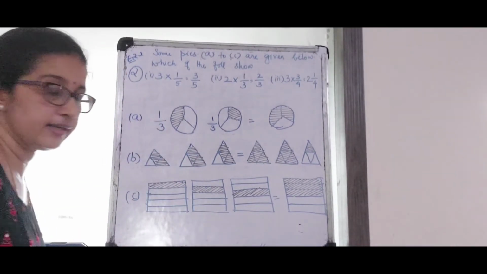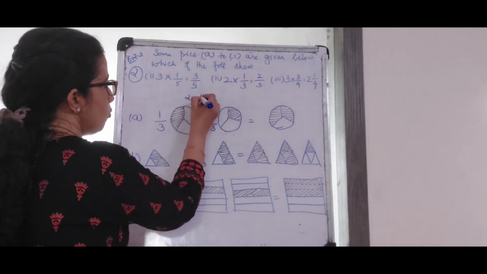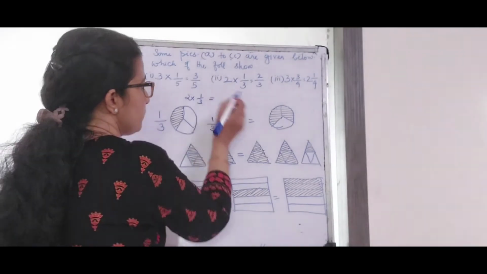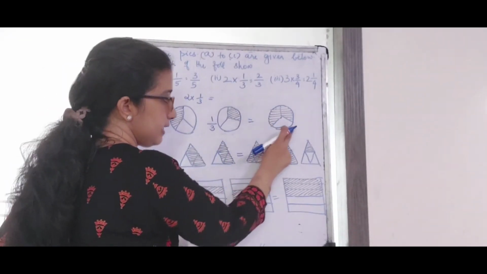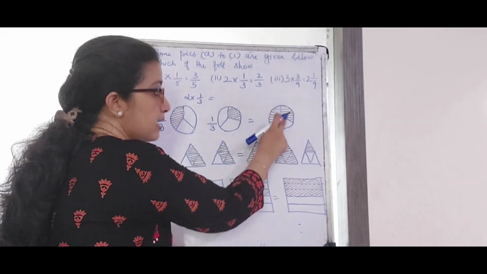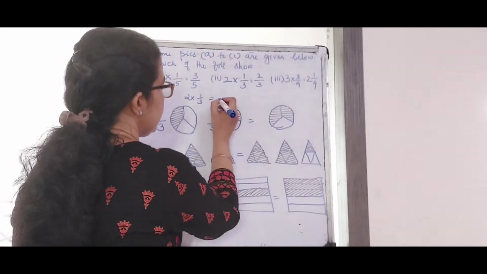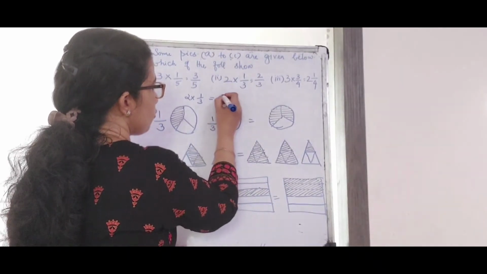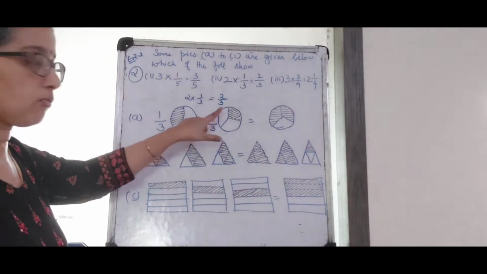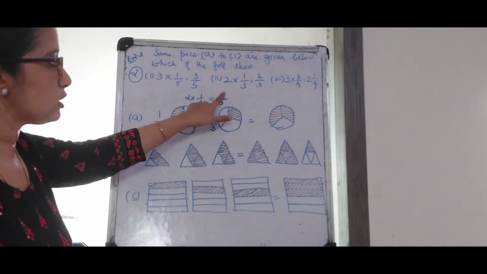So how can we write it? 2 into 1 by 3, correct, equal to, see this part, again there are 3 parts, but here out of 3, 2 parts have been shaded. Totally there are 3 parts out of which 2 is shaded. So 2 by 3. So what is the equation? 2 into 1 by 3 is equal to 2 by 3.